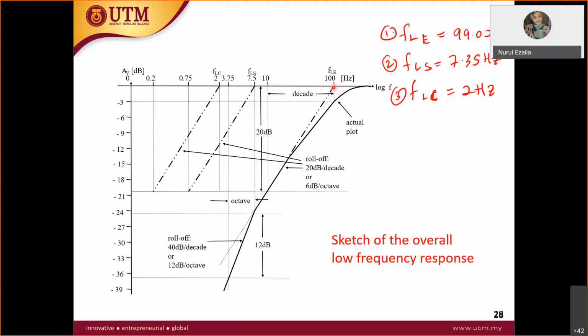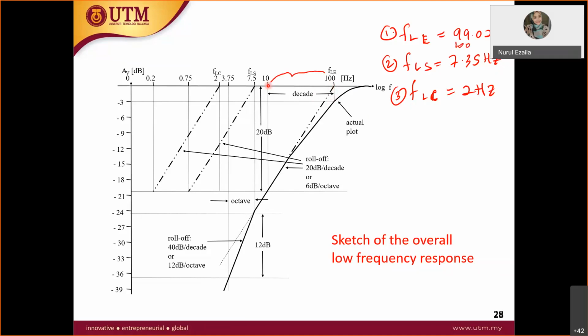Since this is a decade drop, when you drop by a decade, 99 is taken as equivalent to 100. So drop by 1 decade, you will get 10. So these are the decade drops, from 100 to 10. Okay, listen carefully.